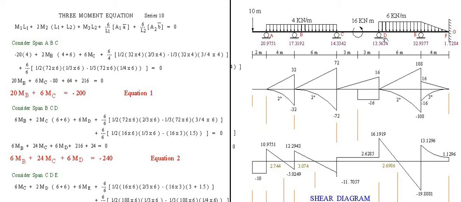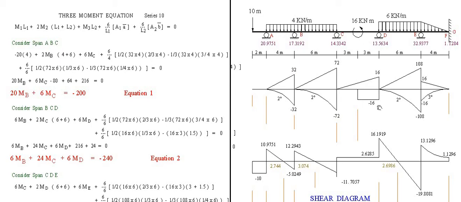Now how to make this? Consider a simple beam CD. We have a couple only. So this moment 72 and minus 72 is 0. 32 and minus 32 is 0, because the moment at the support for a simple beam is 0. Now we will construct this without solving RC.